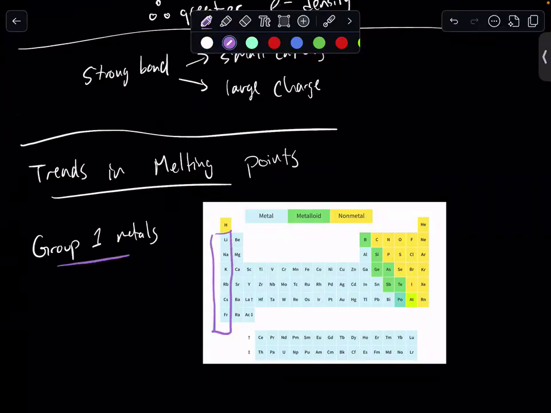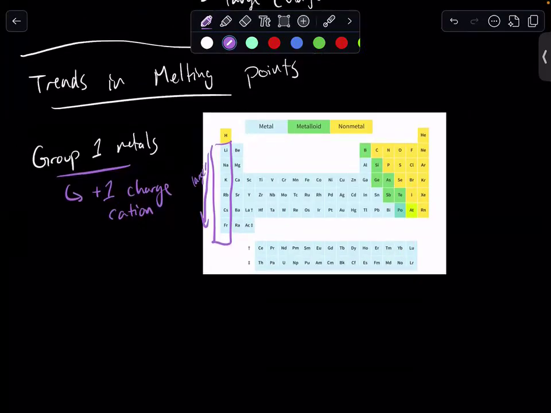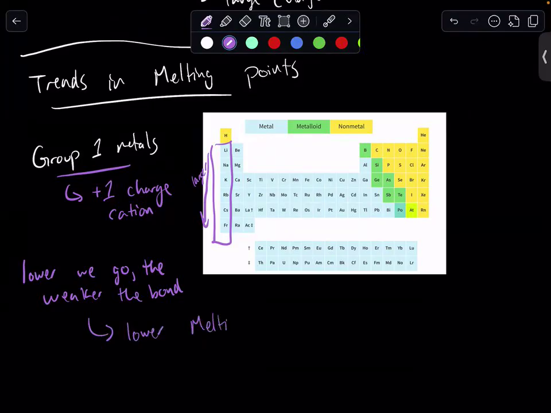Group 1 metals all have a +1 charge cation, so we know they're all going to have the same bond strength based on the charge. However, as we go down, they get larger. So generally, the lower we go, the weaker the force, or the weaker the bond, and if it has a weaker bond, that also means it has a lower melting point.